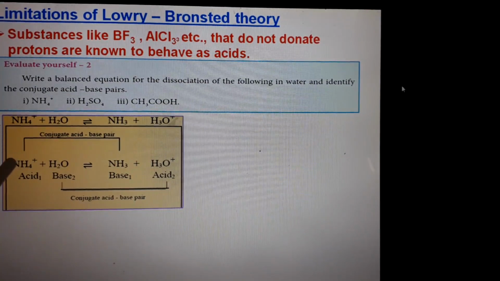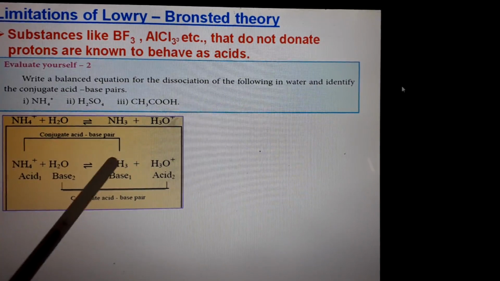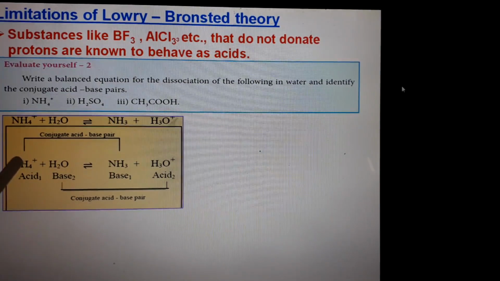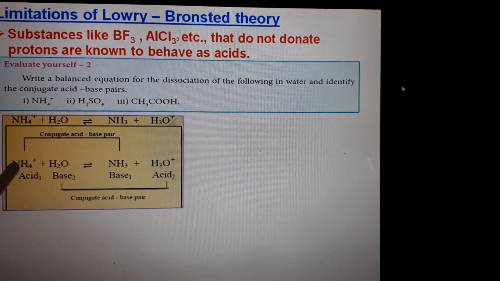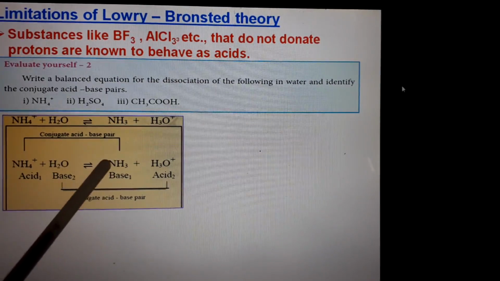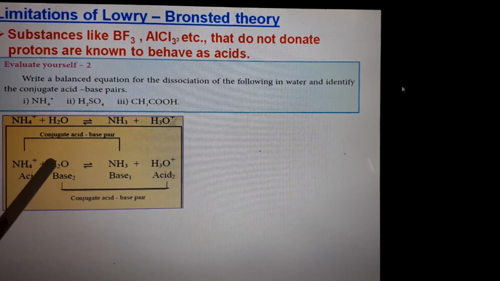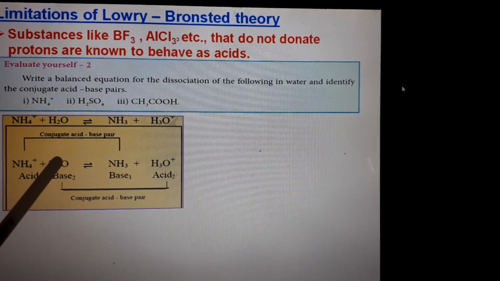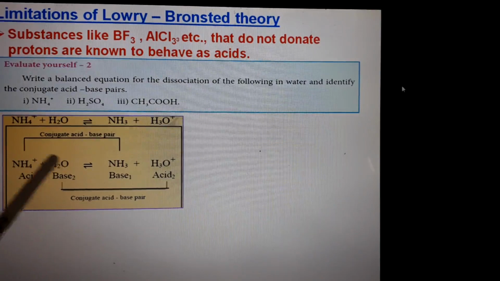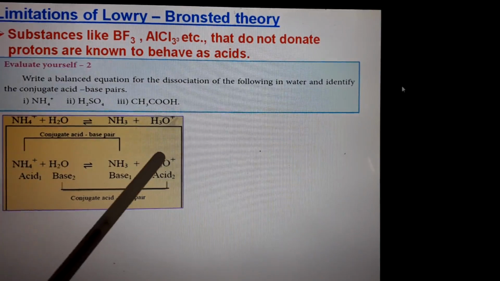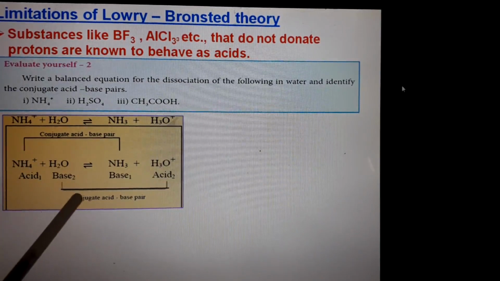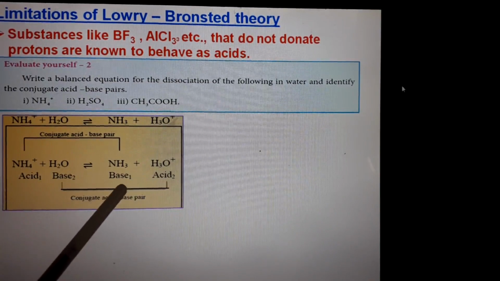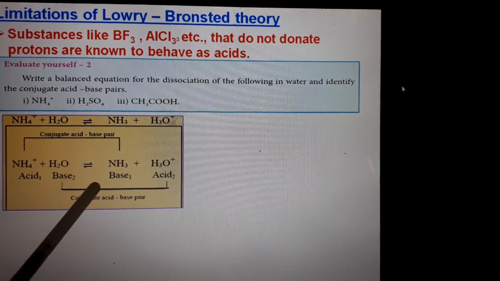Ammonium ion and ammonia is the conjugate acid base pair, because ammonium ion releases the H plus ion and changes to ammonia. Water accepts the H plus ion and changes to H3O plus ion. These are the conjugate acid base pairs.